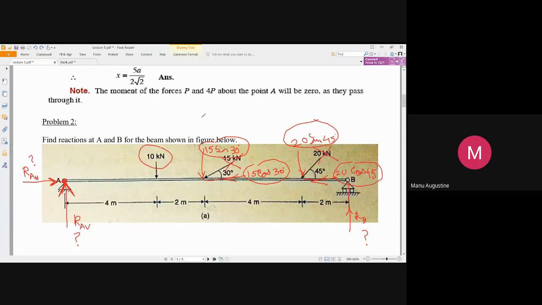What we get out of this is RAV upward direction, so positive. Then add the next vertical force, that is 10 kilonewton, but it is acting downwards. So this is with a negative sign, minus 10. The next one, 15 sine 30, is again acting downwards. So add it, but with a negative sign.